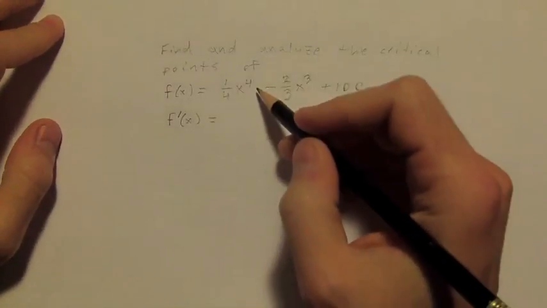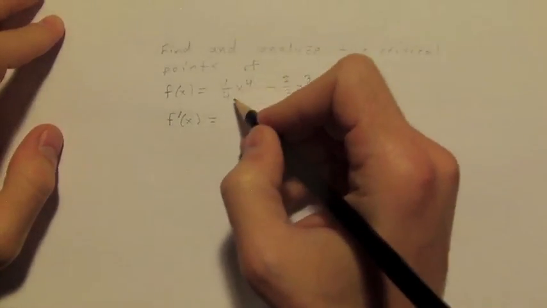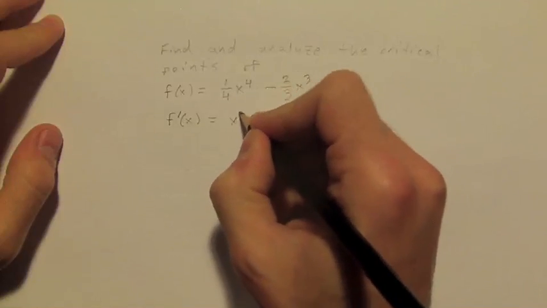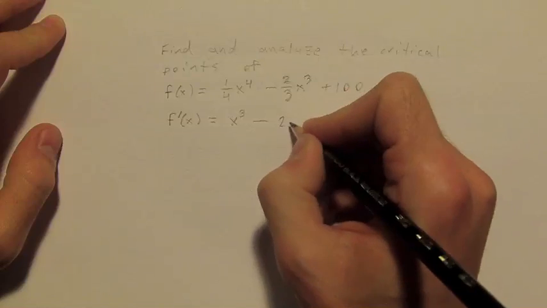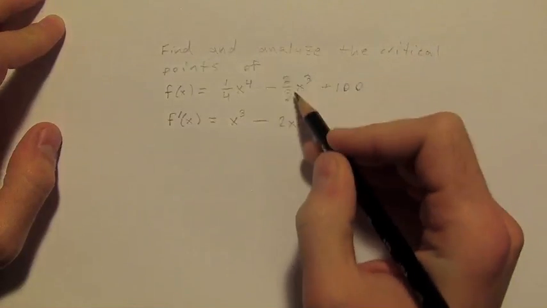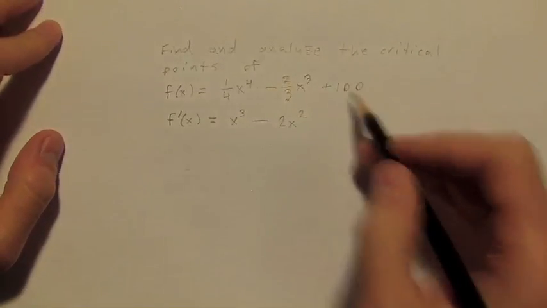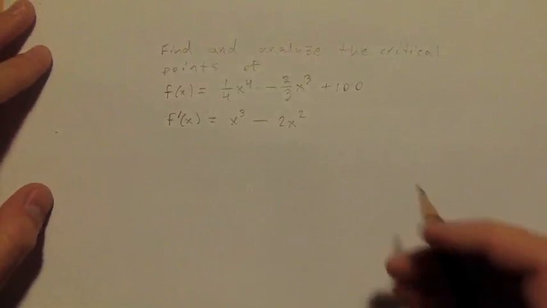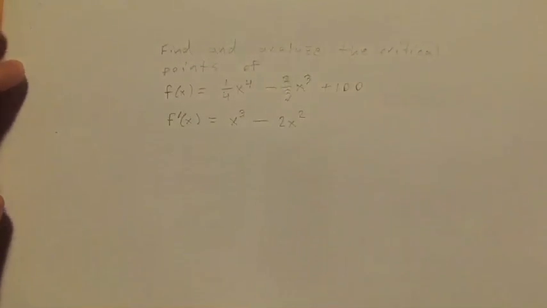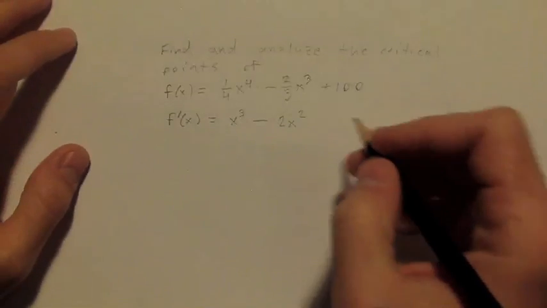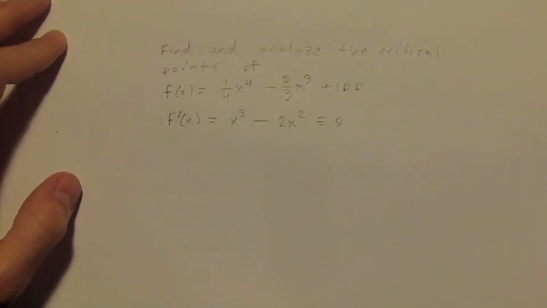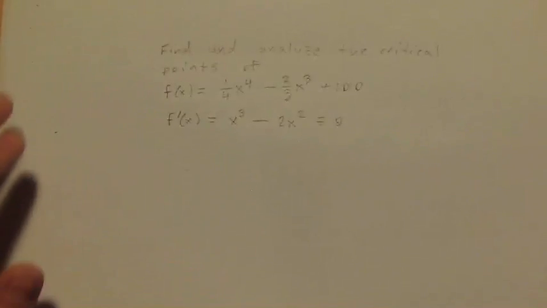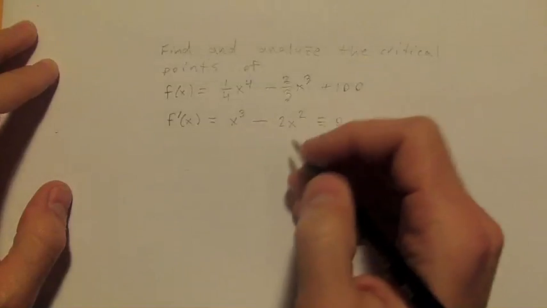Now, I'm going to go ahead and go through this. 1/4 x to the 4th will be x cubed, and 2/3 x cubed will give us 2x squared, right? Because the 3's cancel, the 4's cancel, and the derivative of 100 is 0. And to find the critical points, what do we do? Set it equal to 0 and solve. So my advice always, as you probably started to see in your last worksheet, is always factor if you can.